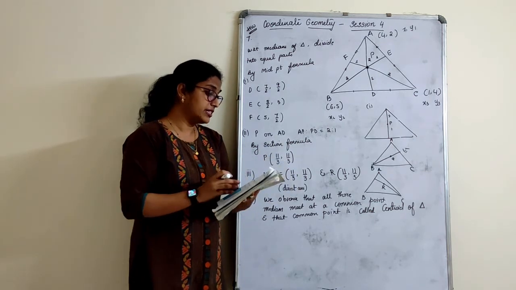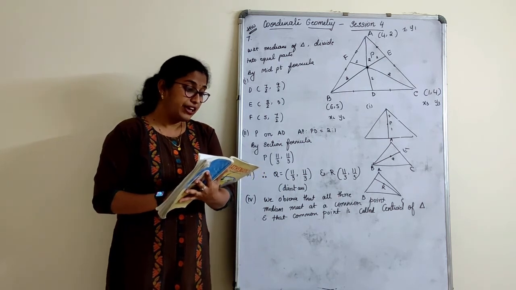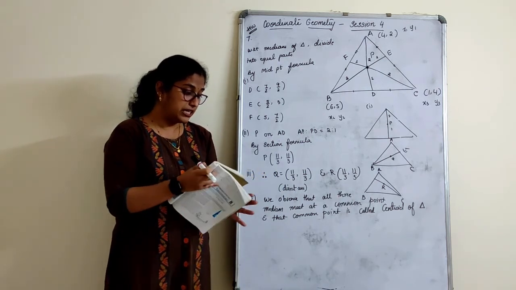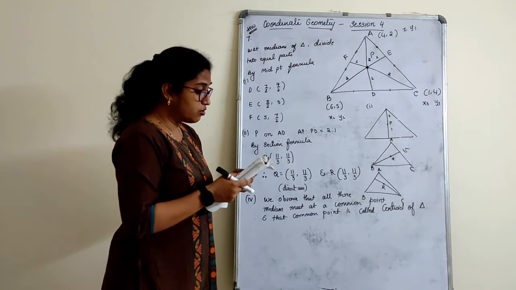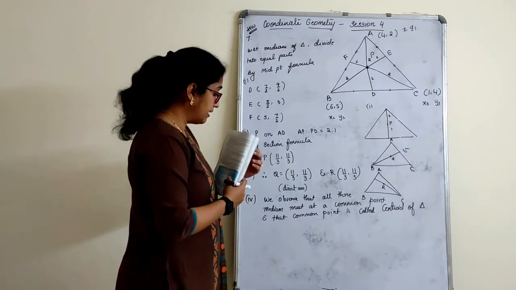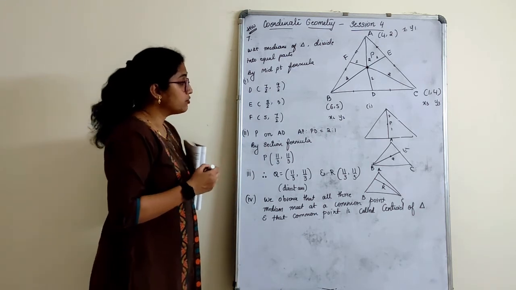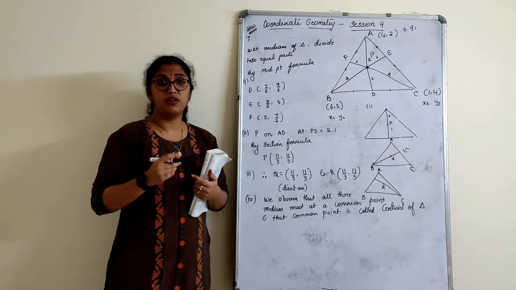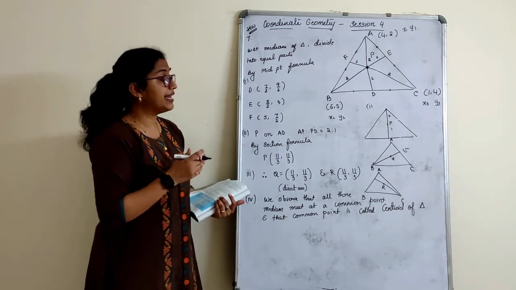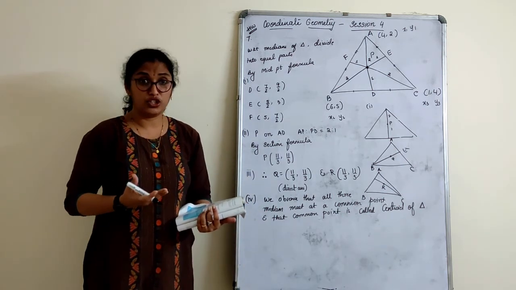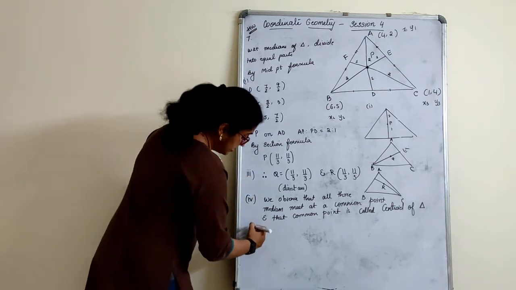Last part they have given something else. If A(x1, y1), B(x2, y2) and C(x3, y3) are vertices of a triangle, find the coordinates of the centroid of the triangle. What they are asking here is, what is the general formula to find the centroid of a triangle? Simple.